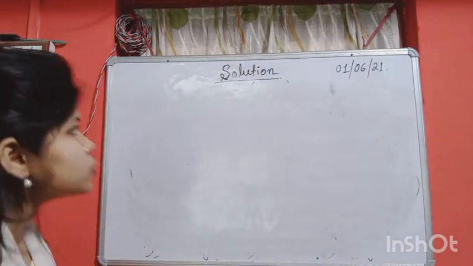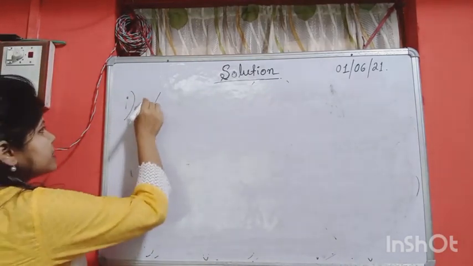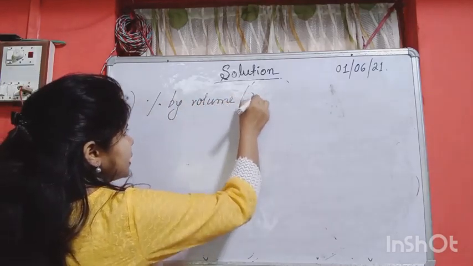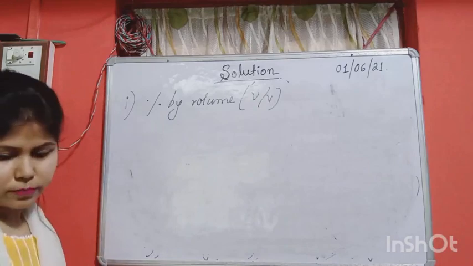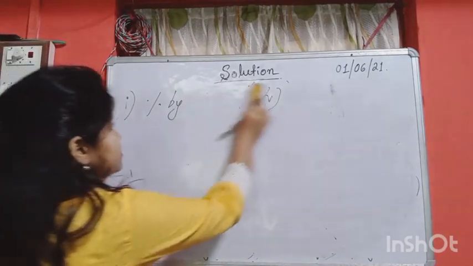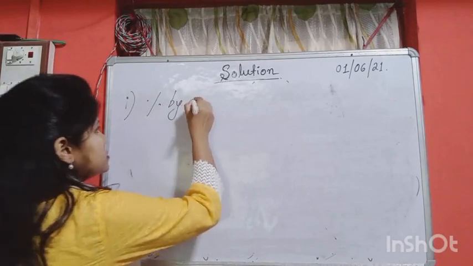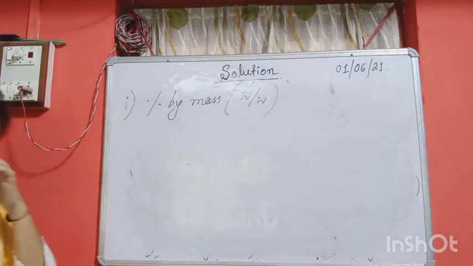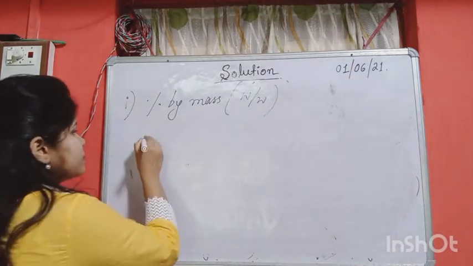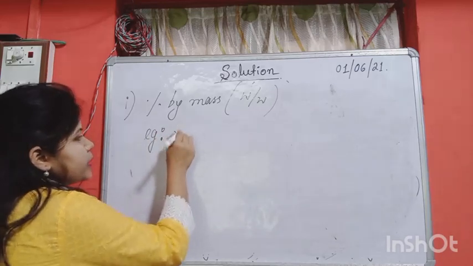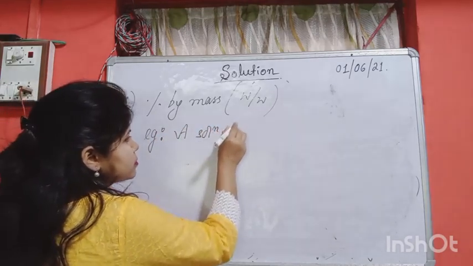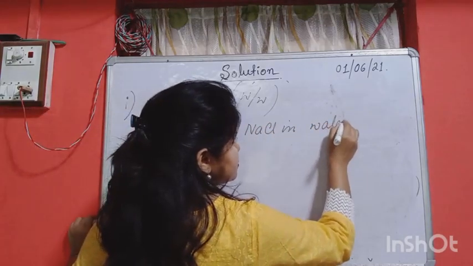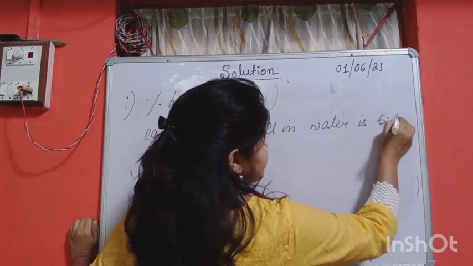Okay, the first one is percentage by volume, that is V by V. Oh, sorry, percentage by mass. This will be the first one, percentage by mass, that is W by W. Suppose I am taking an example. A solution of NaCl in water is 5%.